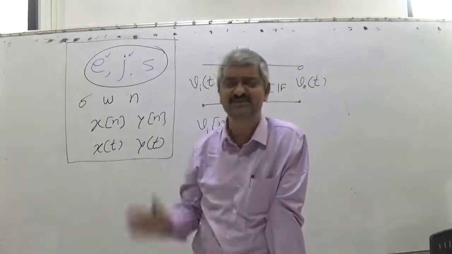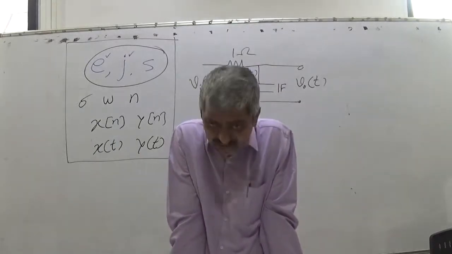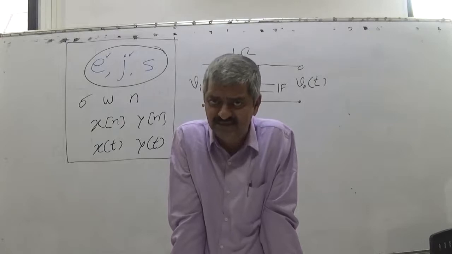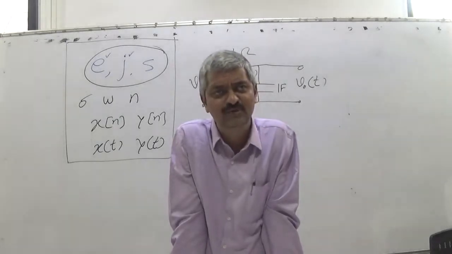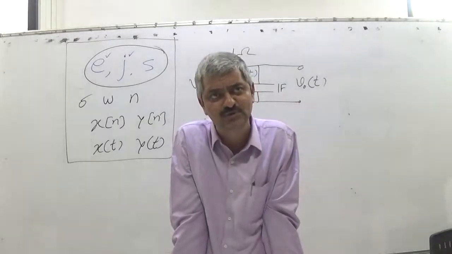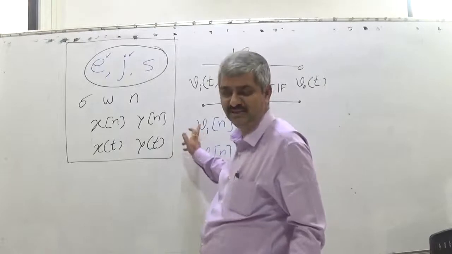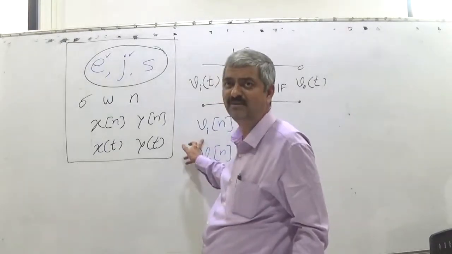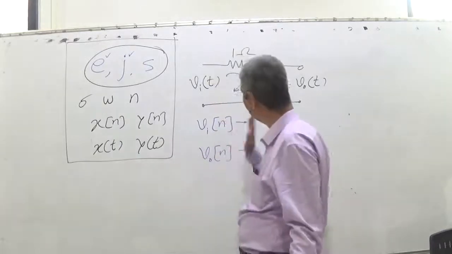It is part of discrete time signal processing itself. And again I repeat that discrete and digital, the difference is negligible. So discrete and digital we also use interchangeably. V in N is actually a discrete variable, but when stored in the computer it becomes a digital variable. So that difference we ignore. So V in N and VON.